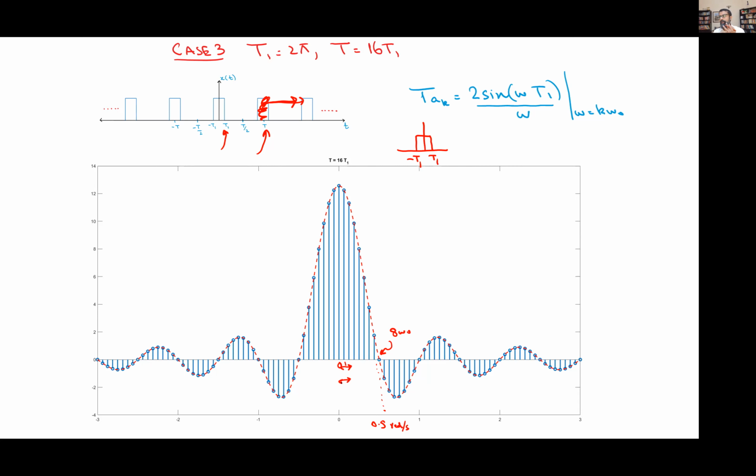No. Okay. So once again, the intuition is that in order to convert a periodic signal into an aperiodic signal, we take the limit of the period going to infinity.